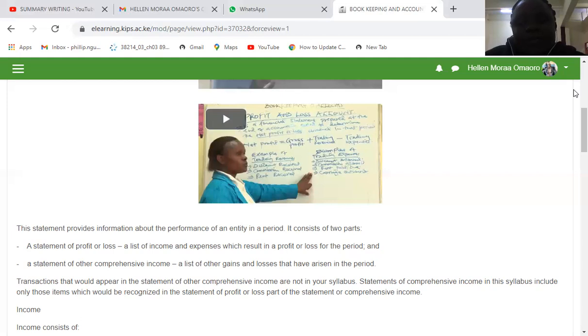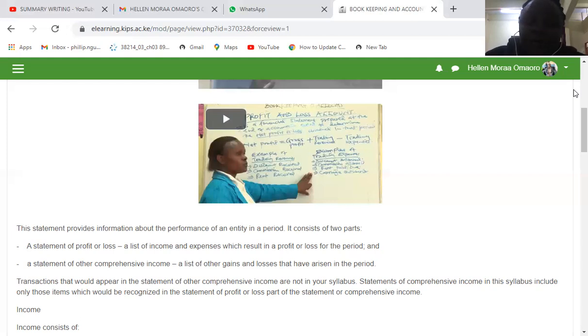Now, what is the carriage inwards? Carriage inwards is the transportation cost of the purchased goods.